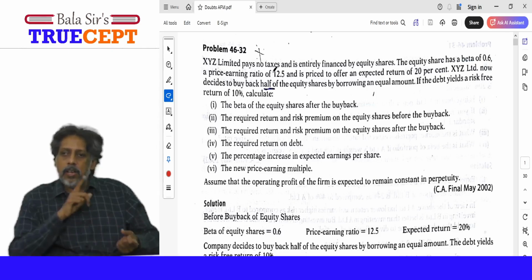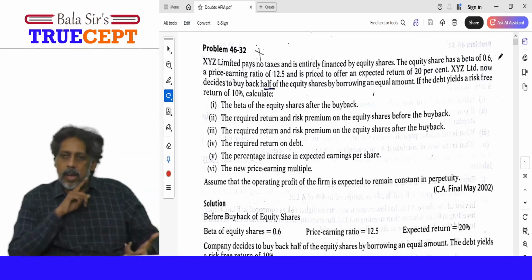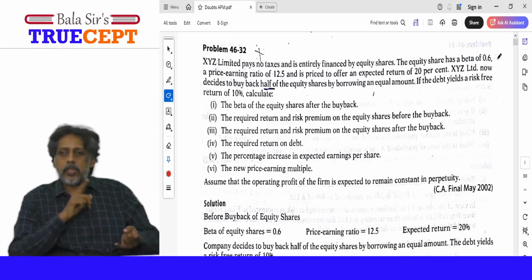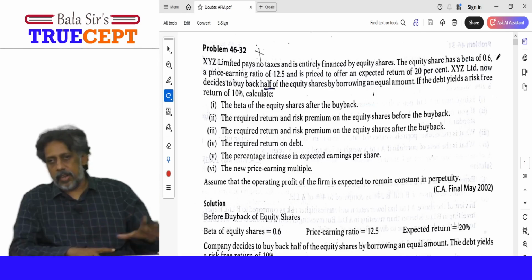For an all equity finance company, please remember the beta equity will be equal to the beta asset. Suppose you have rupees 100 investment in the company's assets. All the rupees 100 is contributed by the equity shareholders. Therefore, the risk of equity is also the risk of the asset, that is beta asset.